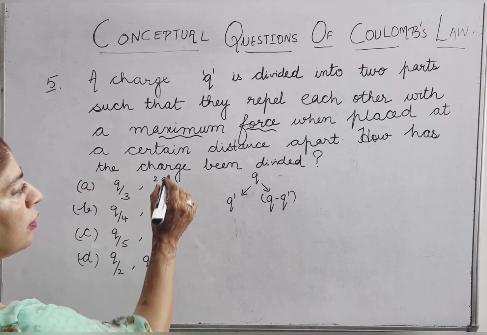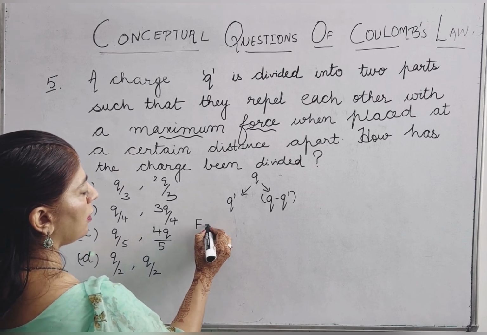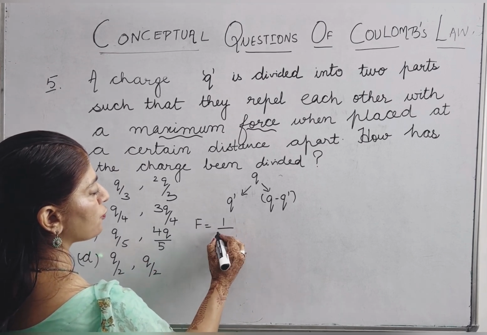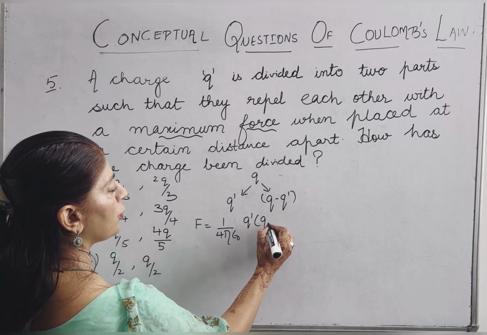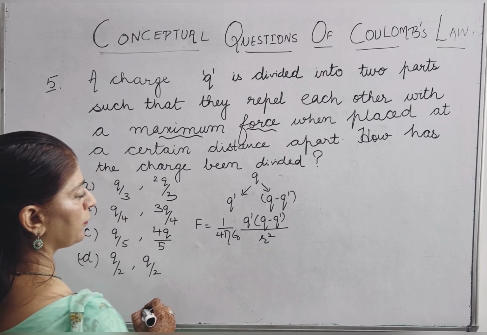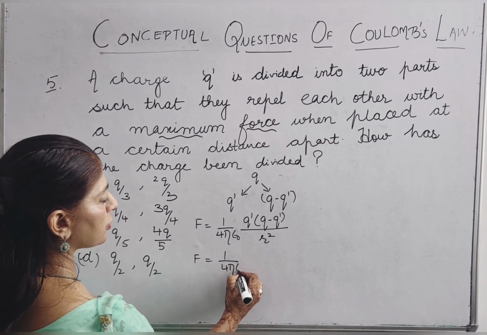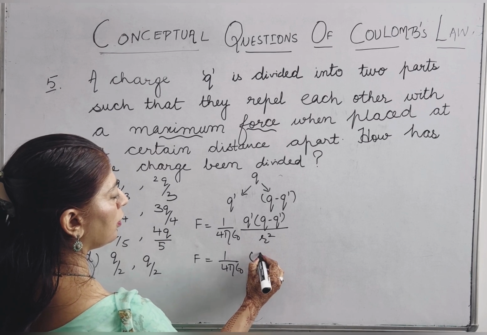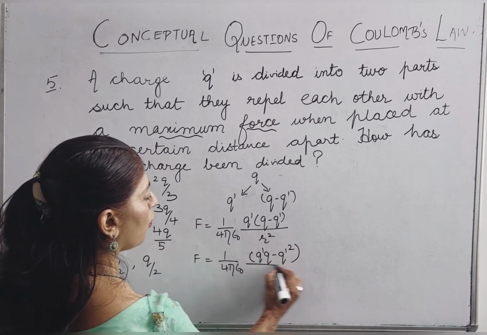Now we'll be taking the force between them, that is 1 by 4 pi epsilon naught Q dash into Q minus Q dash over R square, or this will become 1 by 4 pi epsilon naught Q dash Q minus Q dash square over R square.